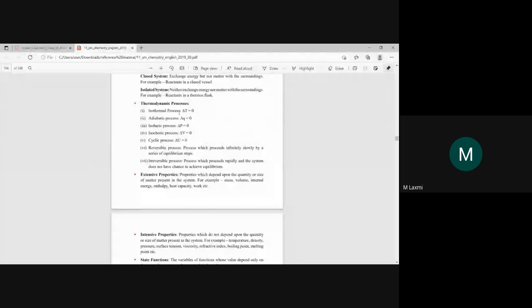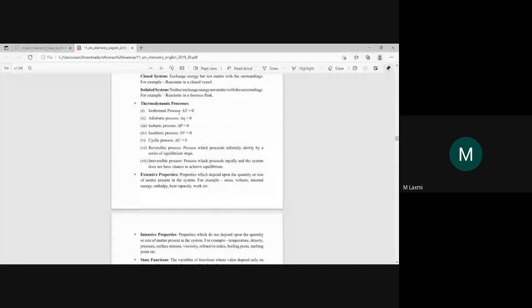If I try to solve the equation, PV is equal to nRT. Since delta T is equal to 0, PV is equal to constant, so P is inversely proportional to 1 by V.